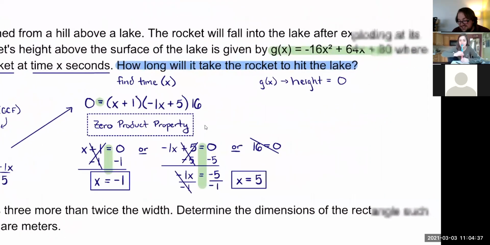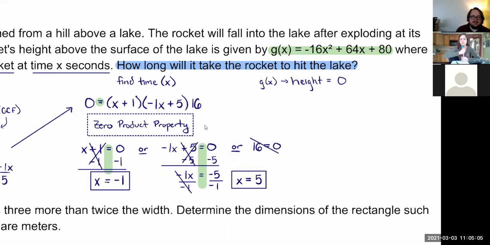Didn't x represent something this time? It wasn't just a variable. It represented something specific. Time. It represented time, which means something for one of our two solutions. You can't have a negative time.